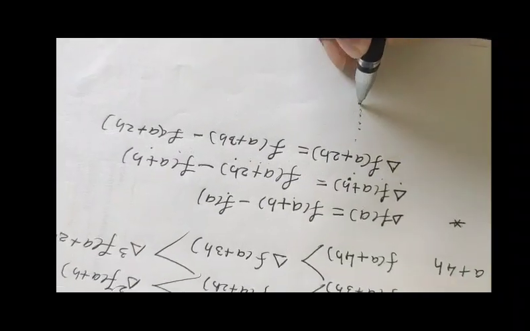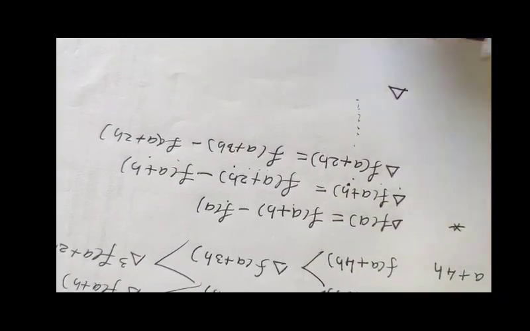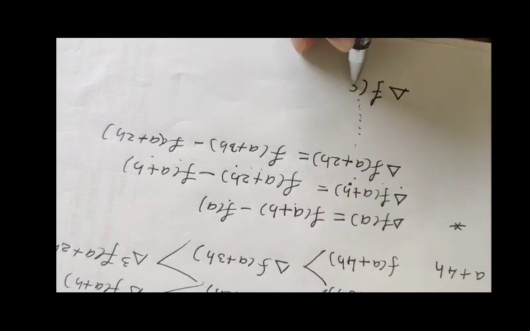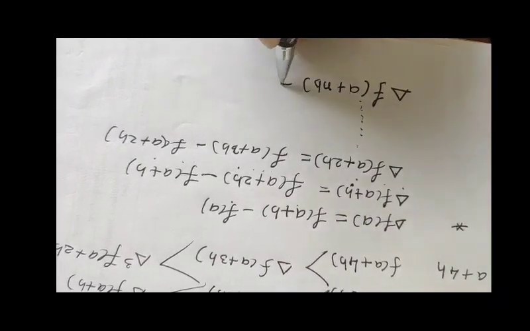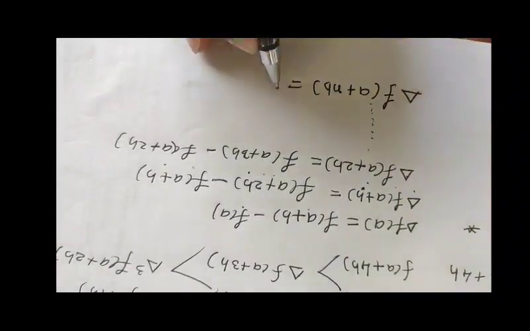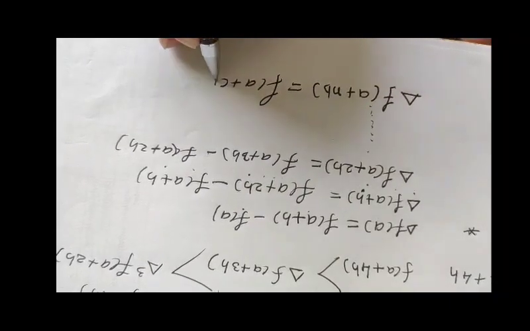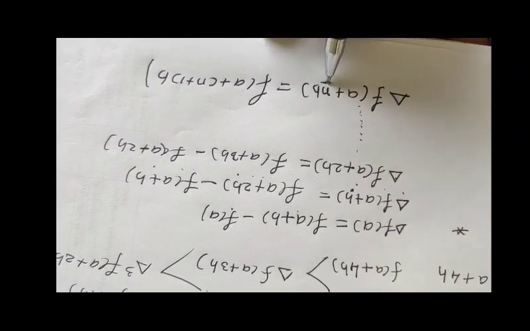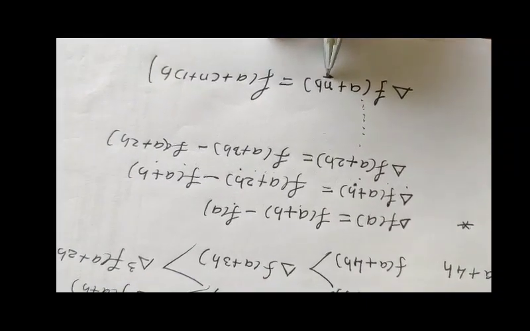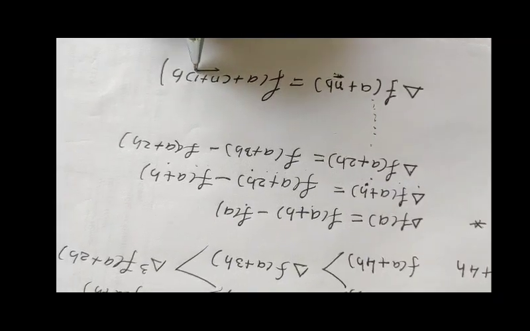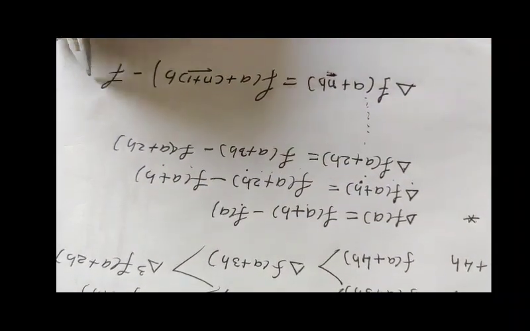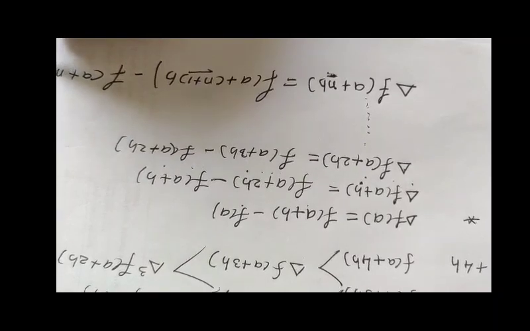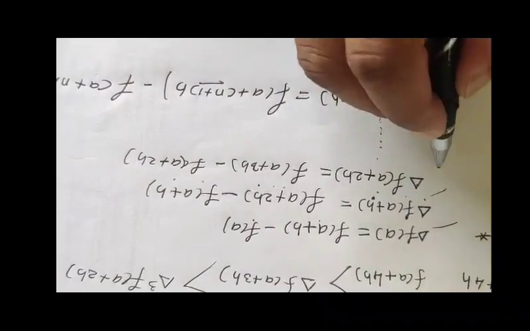In this way we can define the nth difference, that is delta of f of a plus nh, which will be f of a plus n plus 1 h, increasing n by 1 again, and subtracting the original term f of a plus nh. So these are differences.